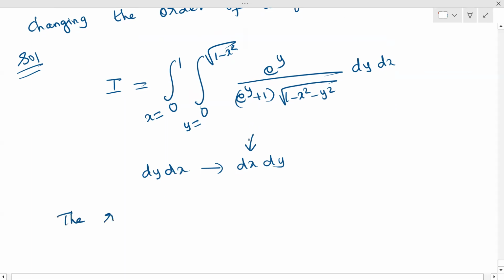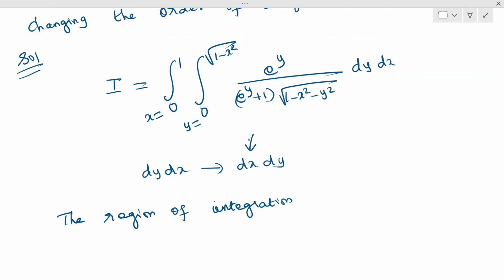So now we have to write the region of integration, which is bounded by the lines.